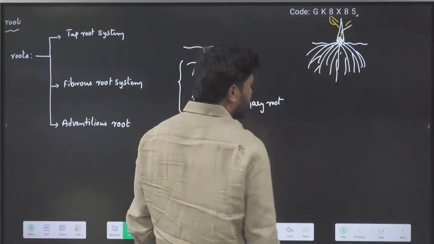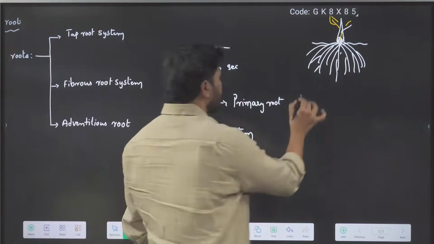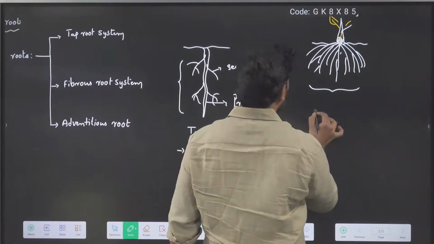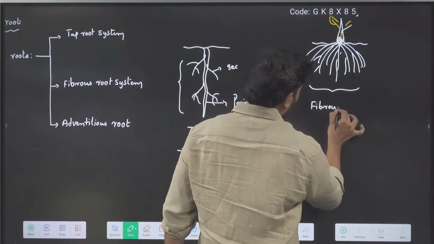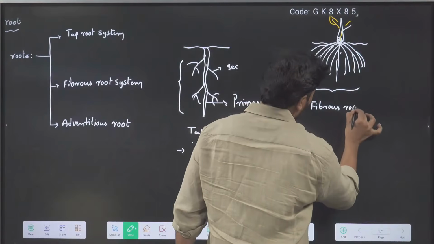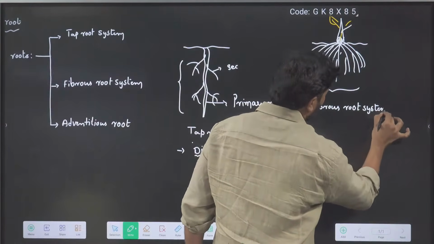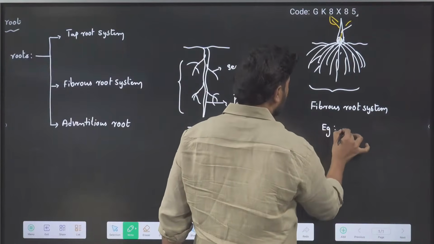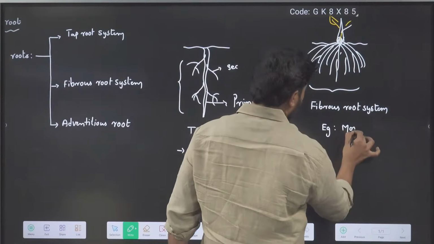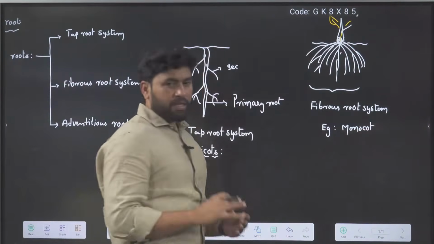All those roots which come from the base of the stem and their branches, all together we call the fibrous root system. Fibrous root system is a characteristic feature of monocotyledonous plants.